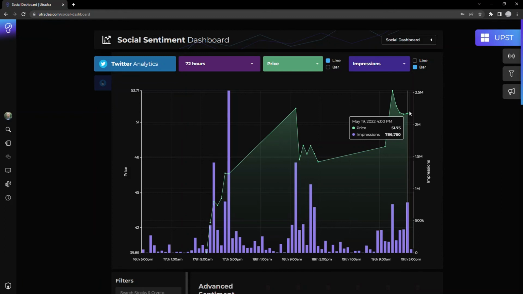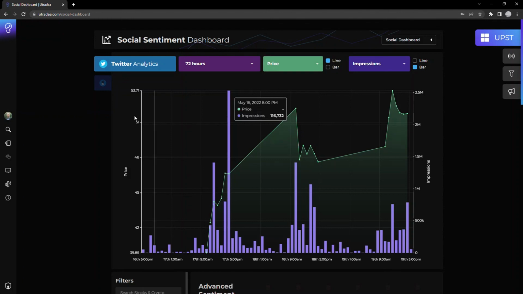All this to say, as you can see, there's a pretty strong correlation with the number of impressions as it trends. We see some solid price action similarly here, but at the very least, you can keep track of what people are saying in real time. As news breaks, you get it, and it's super important to know as an investor or as a trader.